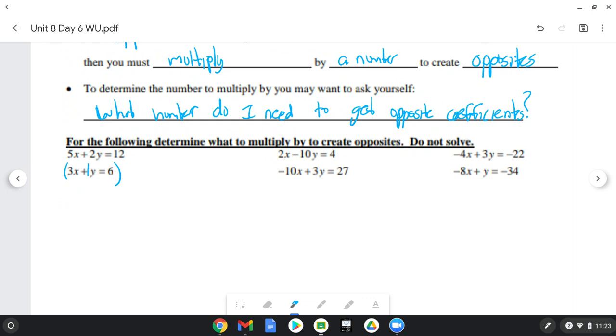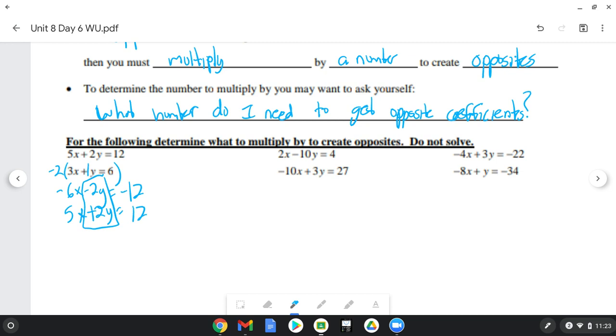So to get that 1 to be a negative 2, I just got to multiply by negative 2 on the outside. So that would give me negative 6x minus 2y equals negative 12. And if I put the top one below, I would notice now that these are exact opposites as far as the y's go, and they would cancel each other out.